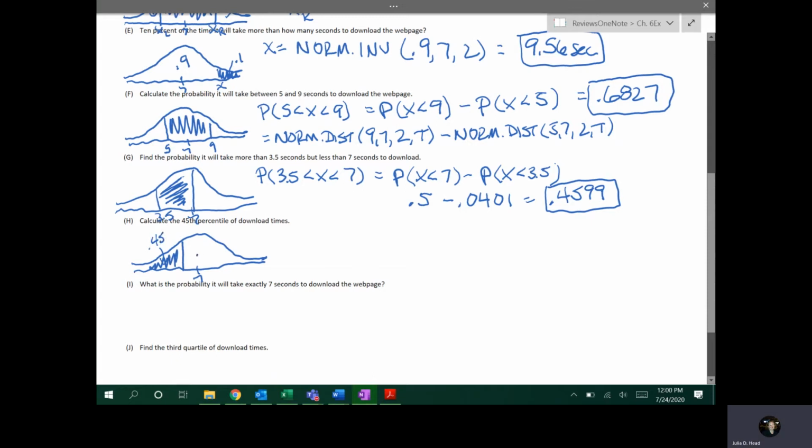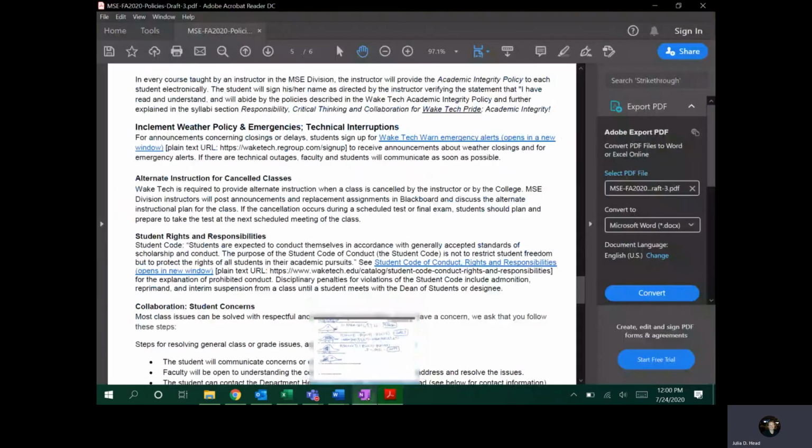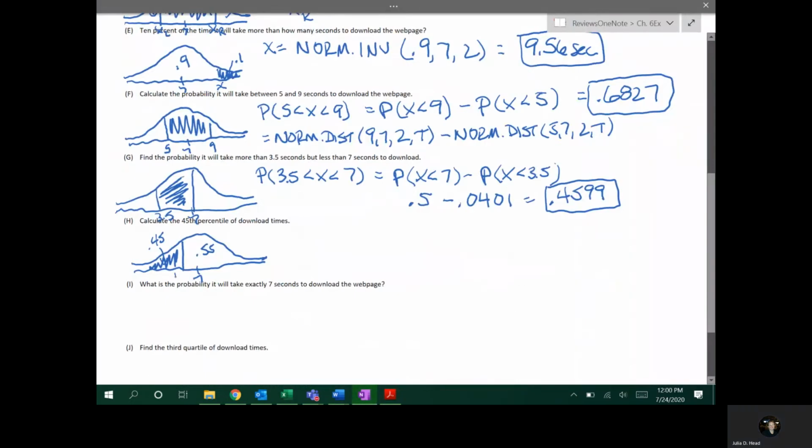One thing that I will do differently, I'll still label the unshaded region as 0.55, but instead of labeling the mark as a generic X, I will call it P sub 45, giving it its correct notation. The probability to the left is 0.45.